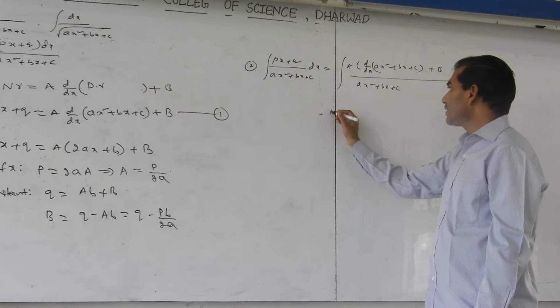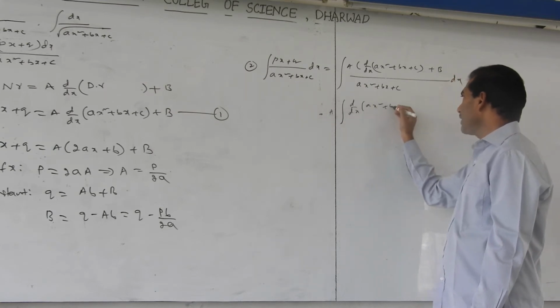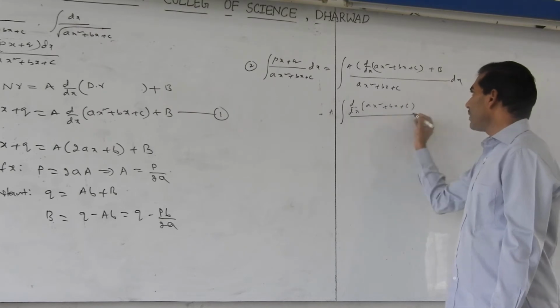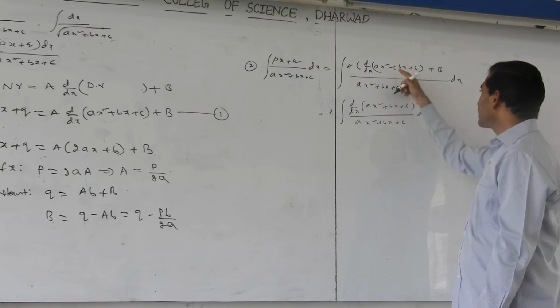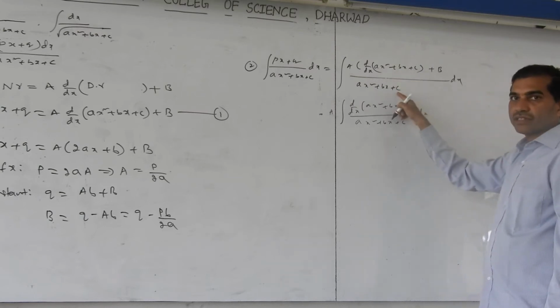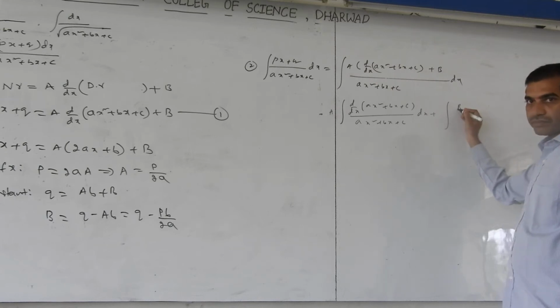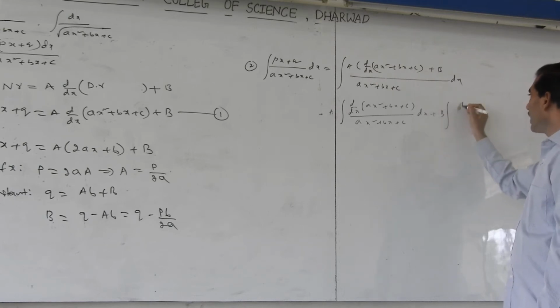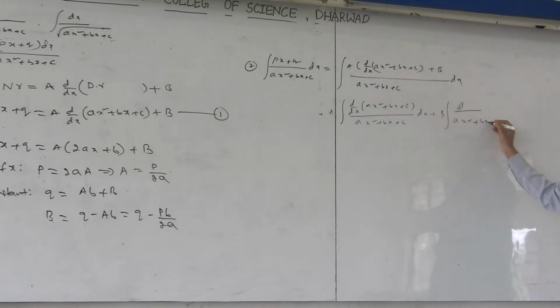A constant, integration of d by dx of (ax square plus bx plus c) by (ax square plus bx plus c) dx, plus integration of B constant times 1 by (ax square plus bx plus c) dx.